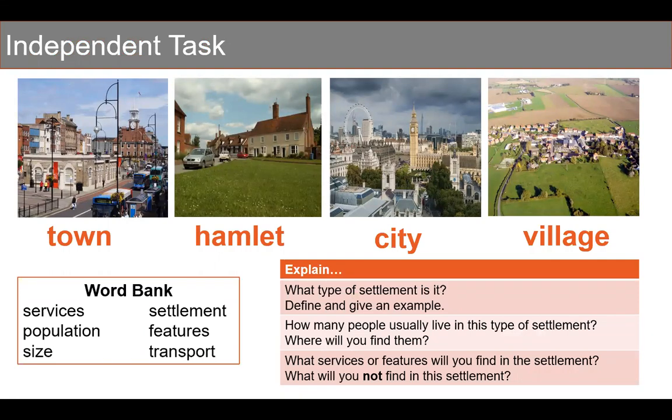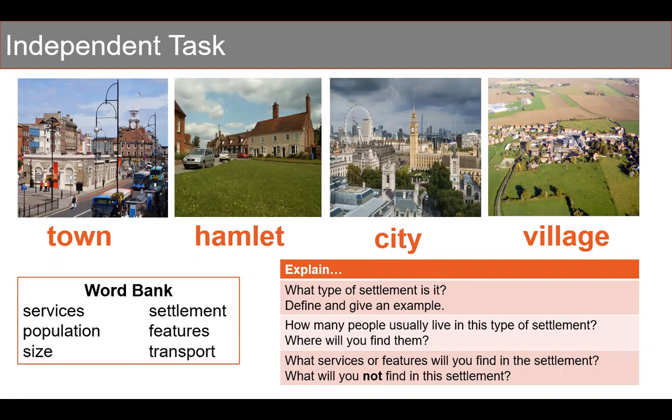Okay, so another independent task. On your sheet, you've got section 3 of your activities, and some questions to answer. Question 1 is what type of settlement it is. I want you to define what a town, a hamlet, a city, and a village is, please. I want you to then tell me how many people usually live in this type of settlement, and where you would find them.